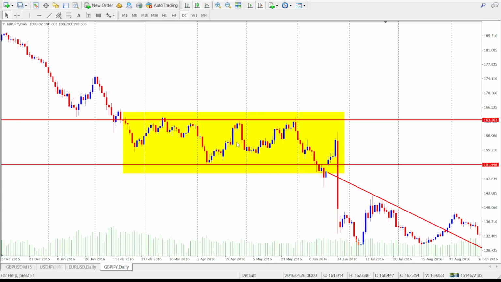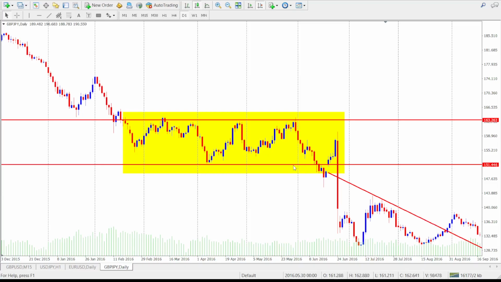Once you understand your candlestick patterns, your chart patterns, know how to use your support and resistance levels, know how to use your trend lines and all of that, you can actually trade comfortably using pure price action. You don't have to rely on indicators.